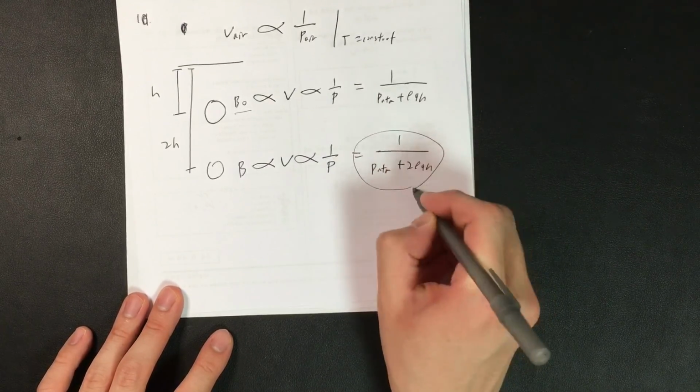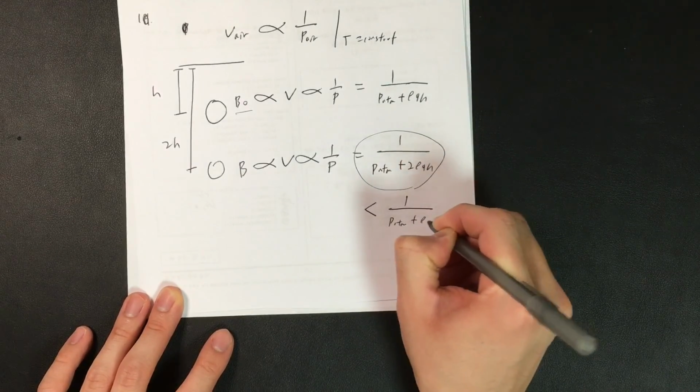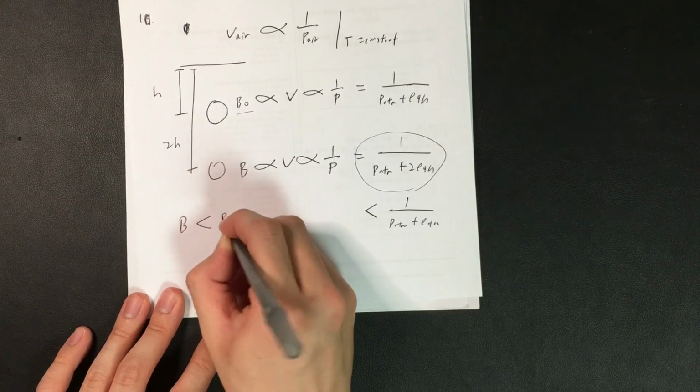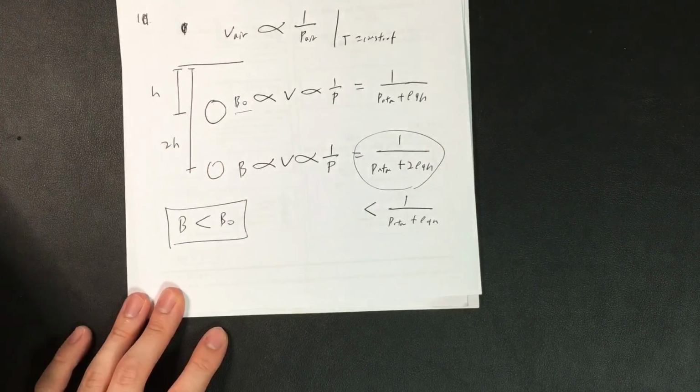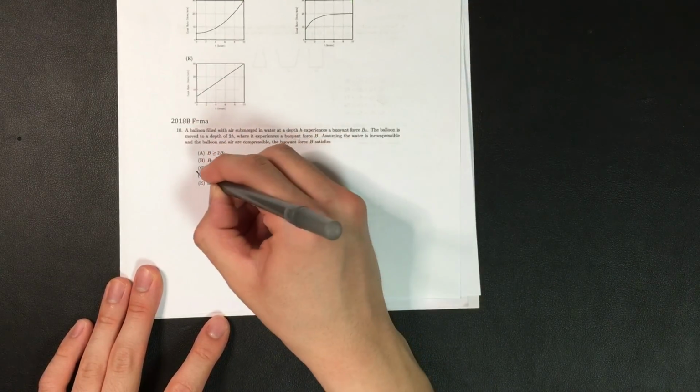And note that this fraction is smaller than 1 over P atmosphere plus rho g h, in which B is going to be smaller than B naught. And this answer choice corresponds to D.